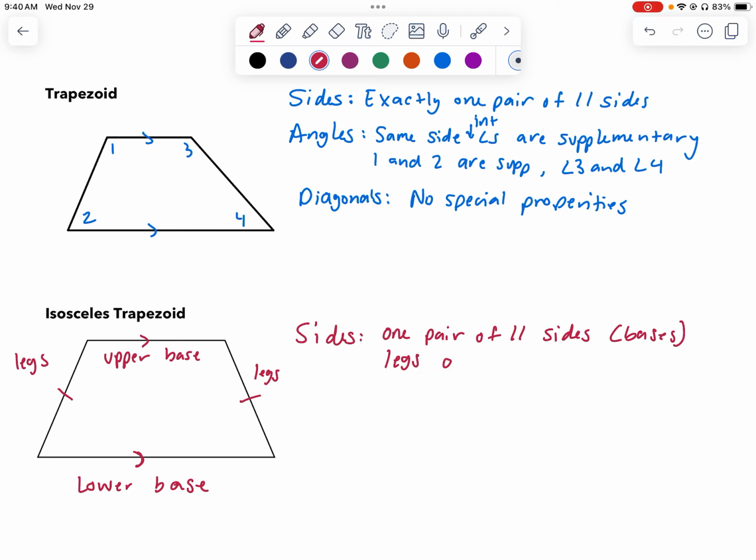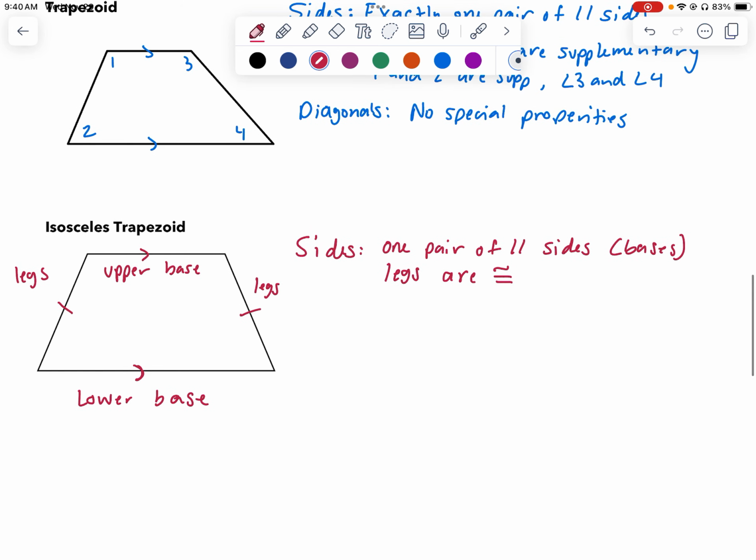So we'll say the legs are congruent. For the angles, the two angles at the top appear to be the same size, and so do the angles at the bottom. We're going to call those upper and lower base angles. So the upper base angles are congruent, and the lower base angles are congruent.